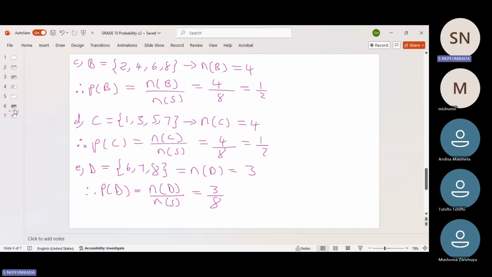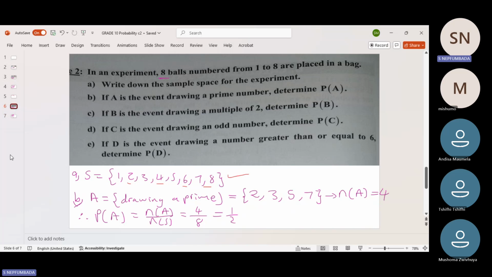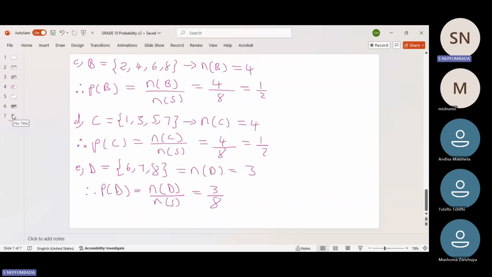We know odd numbers. So it means for our odd numbers we have got 4.